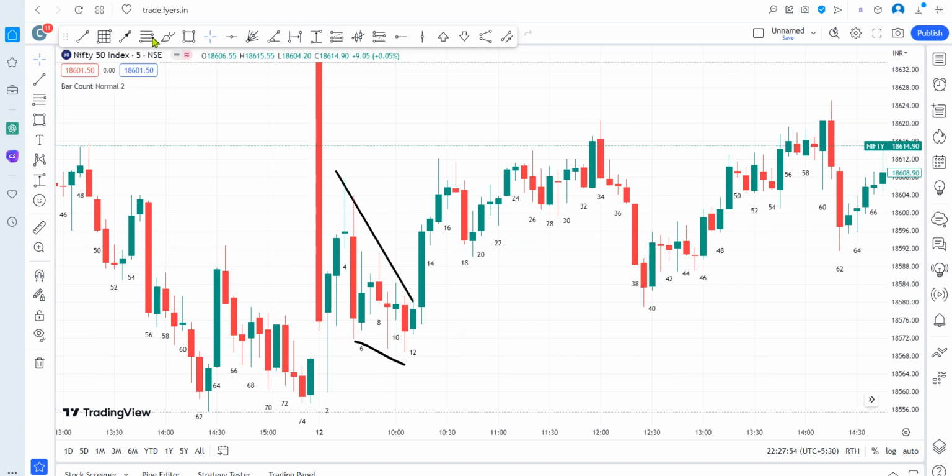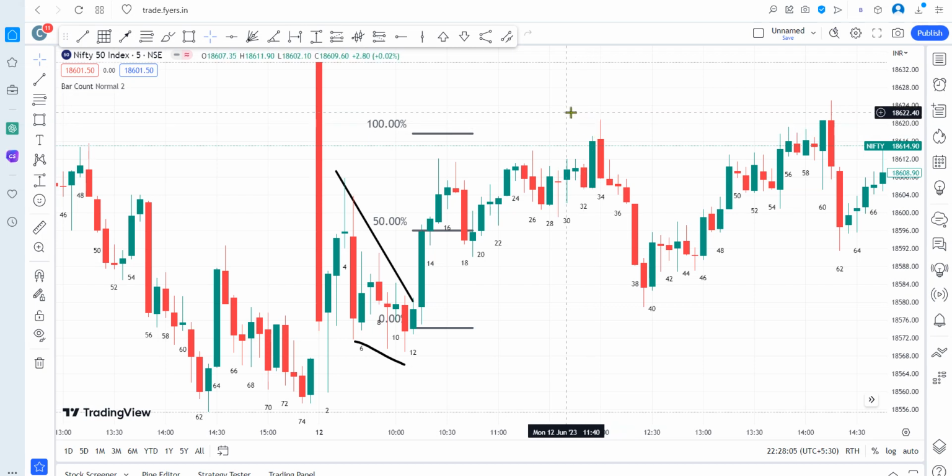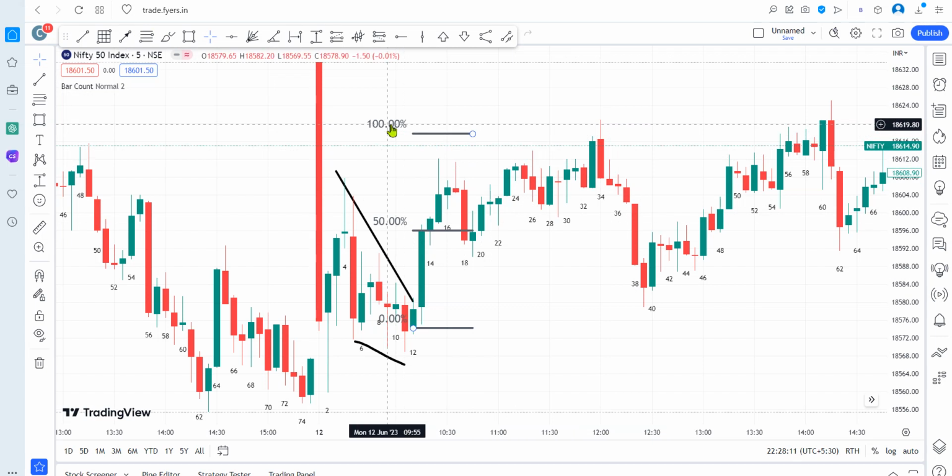As we can see, if you bought here after the 13th close, your profit to risk is 1 to 1, so you can exit here. This is the best trade to be taken.